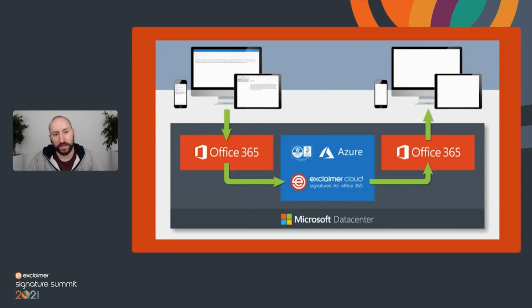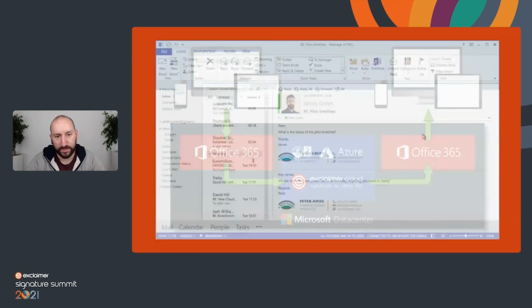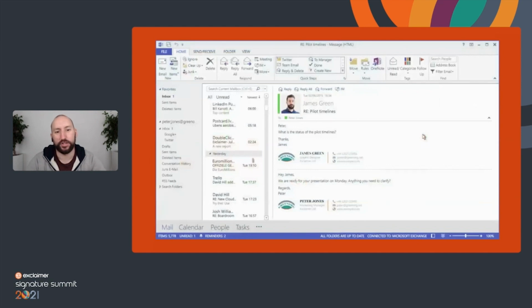We apply the signature to that email, making sure to obey all of the reply separators that are in place, adding that signature in the correct spot on the email below the most recent message sent.